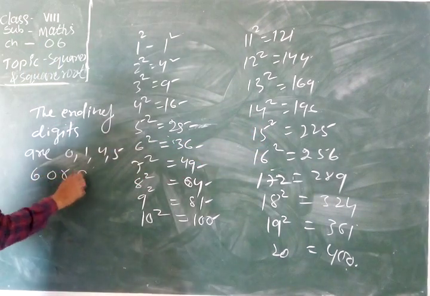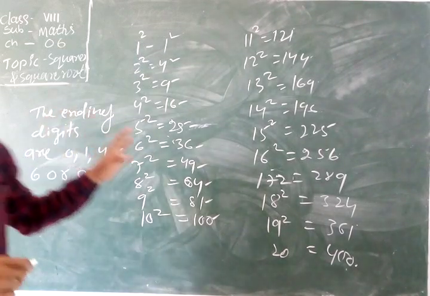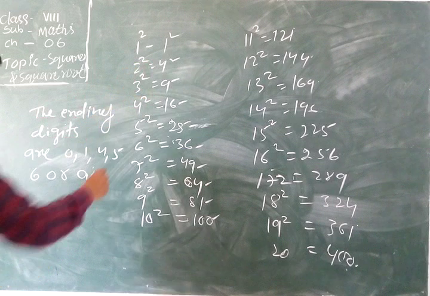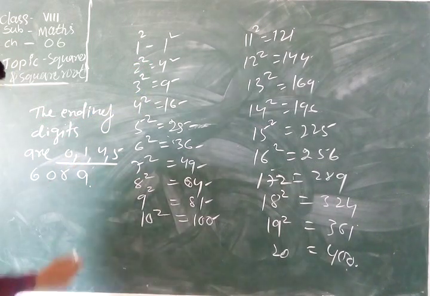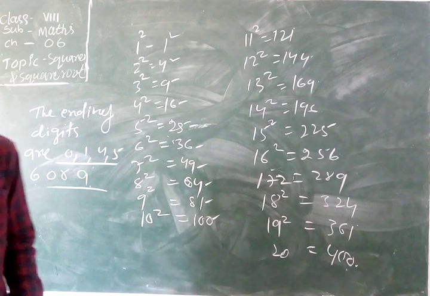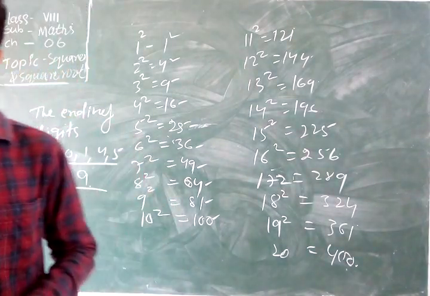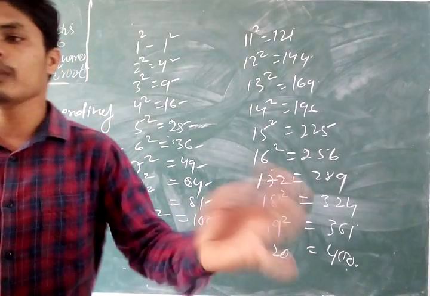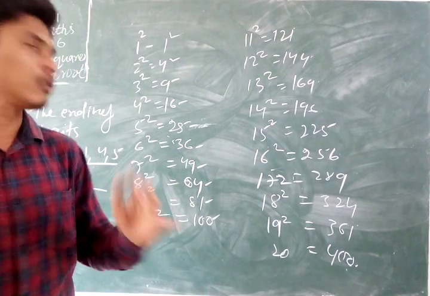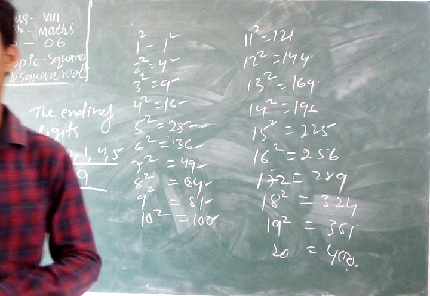So here we learn that if the ending digit of a number is other than 0, 1, 4, 5, 6 or 9, then the number is not a perfect square. We can easily know this, as these are properties. If a number ends with 1 or 9, its square will end with 1.